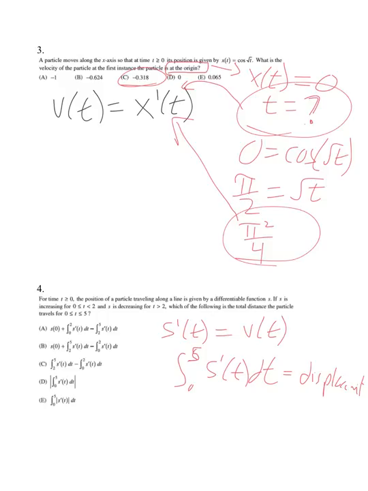And figure out where it changes. And so we can kind of see that happening with several of these, where they're splitting it up from 0 to 2 and then from 2 to 5, because we know that S is increasing, meaning velocity is positive from 0 to 2, and then decreasing after that. So 2 is sort of where we cross the x-axis for our velocity graph, if I were to do a quick sketch here.